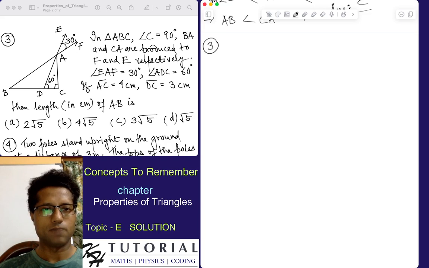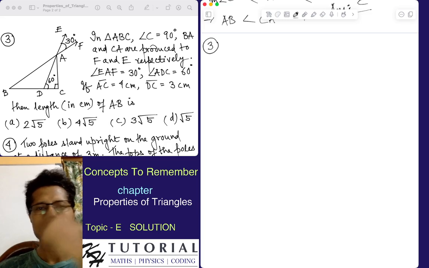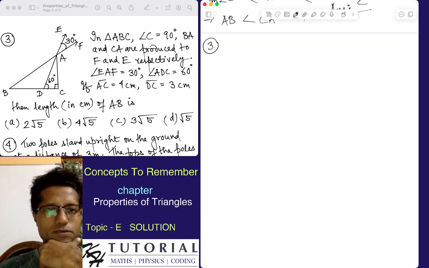BA and CA are produced to F and E respectively. No, the figure is looking very different. CA, how come CA is produced to E?